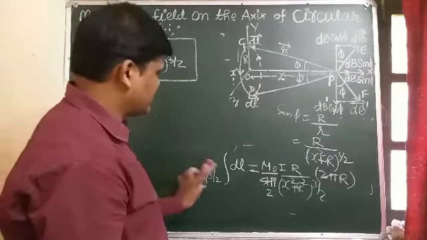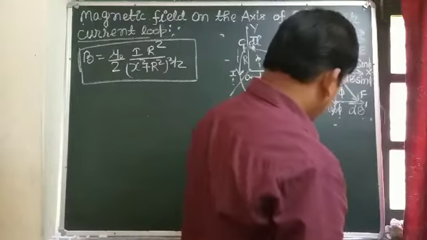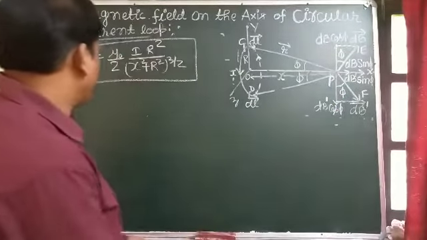And student, special case: what is the magnetic field on the axis of the circular current loop?